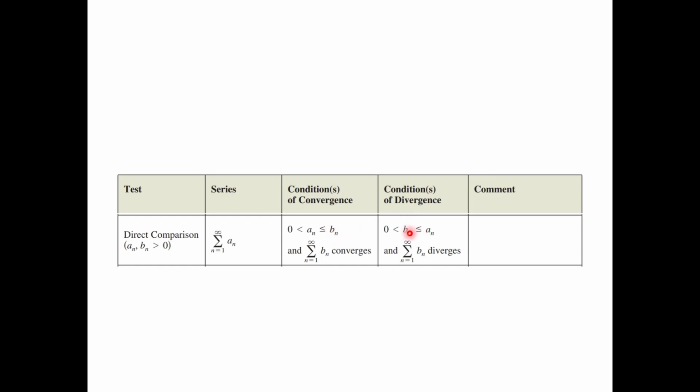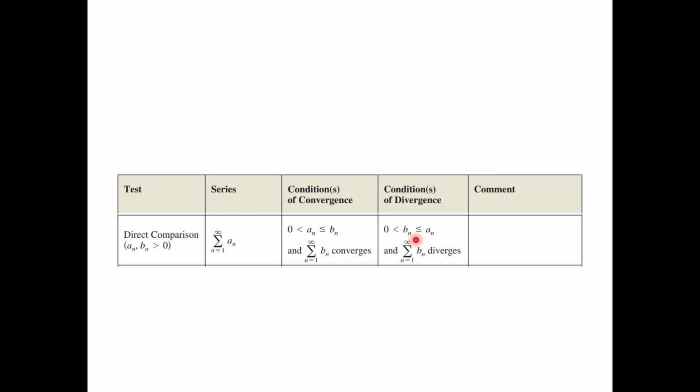If your b sub n is smaller than another series that you know diverges, then you can compare the two and say that your series has to diverge. Basically it's a challenging test to use, except in some special cases that make it really easy.